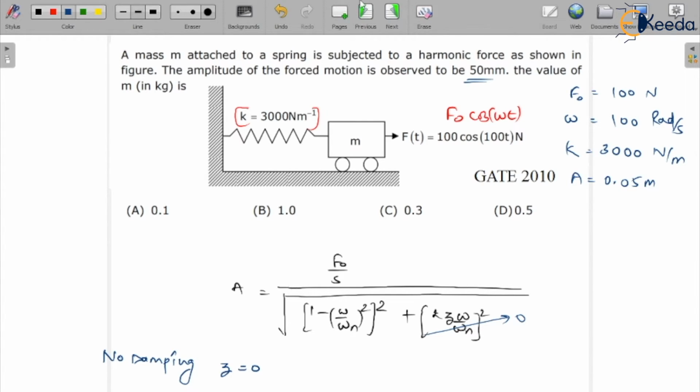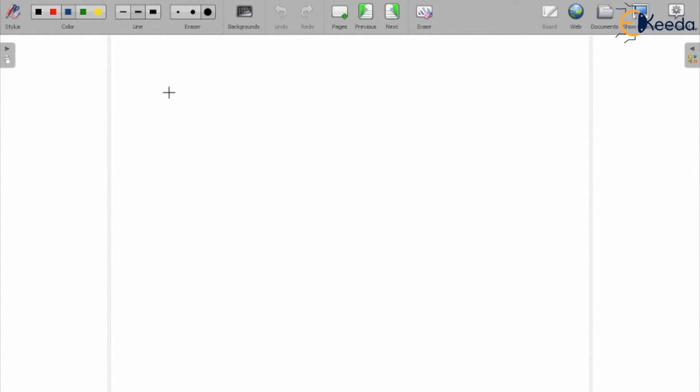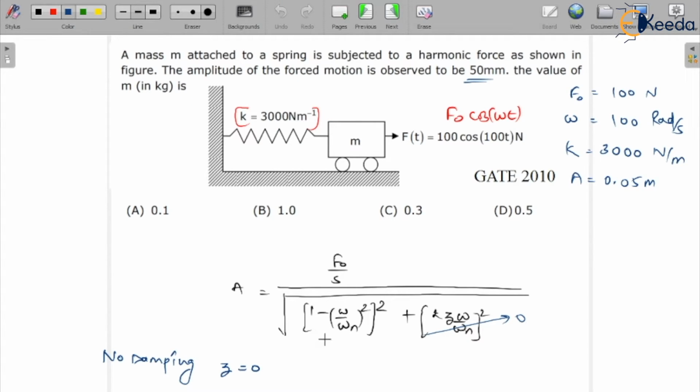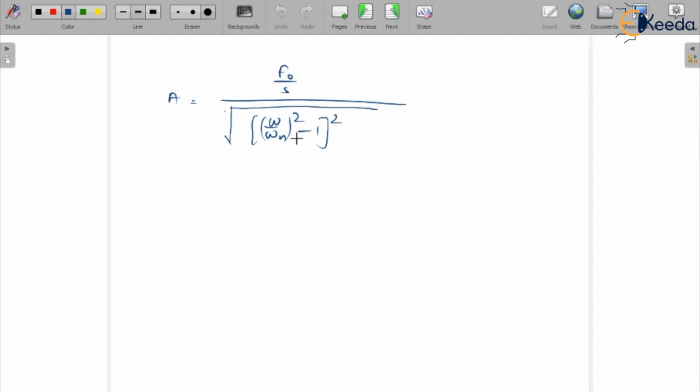So I can write it as A is equal to F naught by S upon the under root of [(omega by omega n) square minus 1] whole square. This is basically the same value, because there is a square outside, so when you rearrange this, you will not get any minus sign.